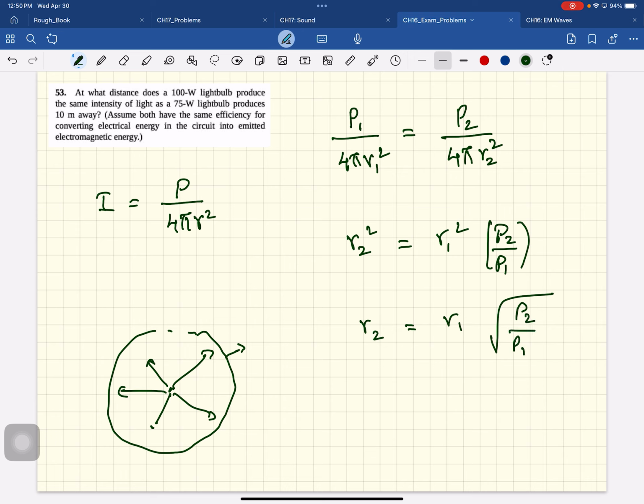So if P2 is 100 watts and P1 is 75 watts, at this distance you'd get the same intensity that P1 gives at that distance. So r2 is 10 meters times the square root of 100 watts divided by 75 watts.